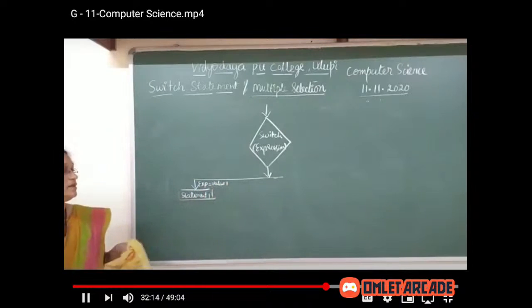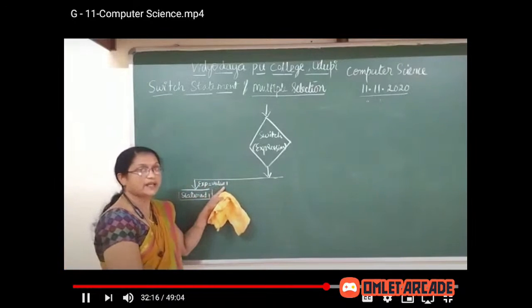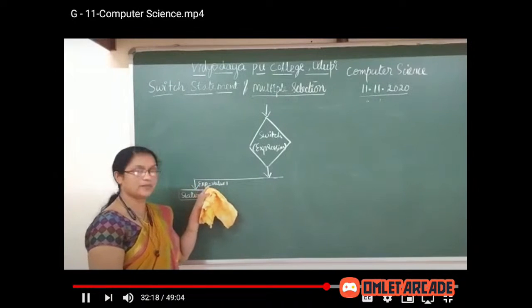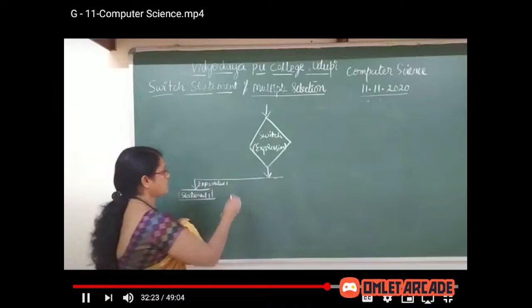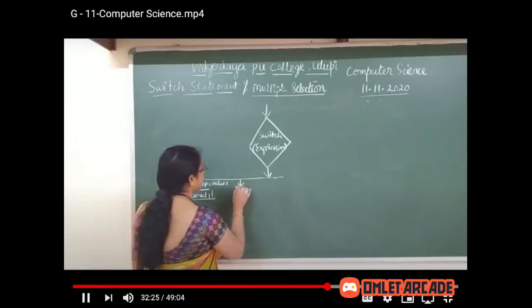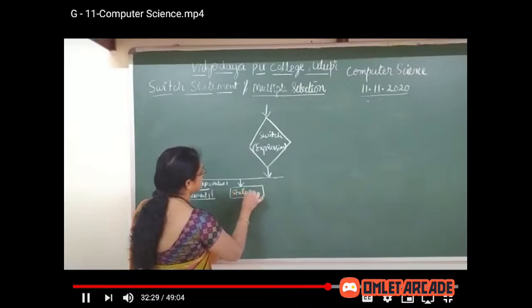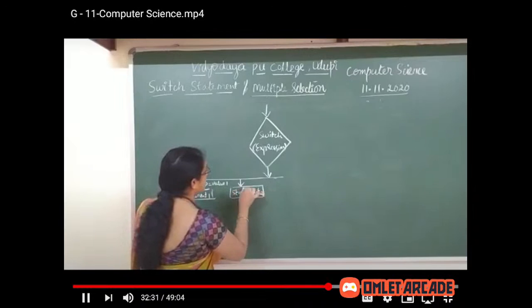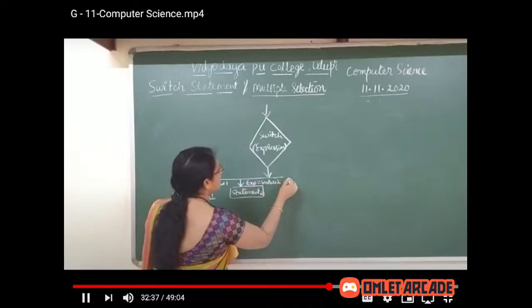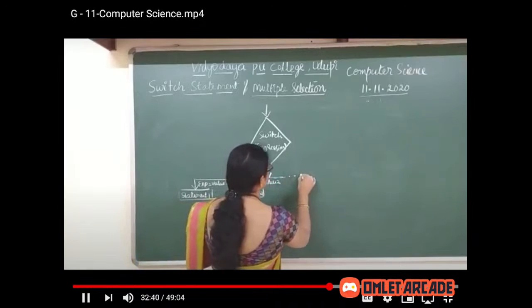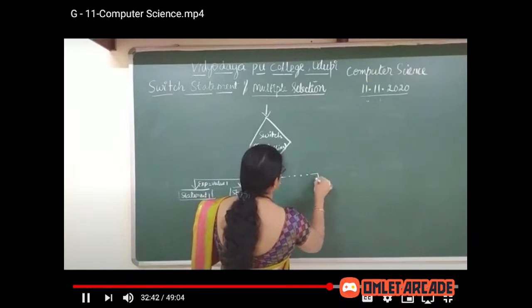It means it compares the expression, or the value of the variable, with the list of values. Value 1. Next, statement 2: expression is equal to value 2. Next, and so on.